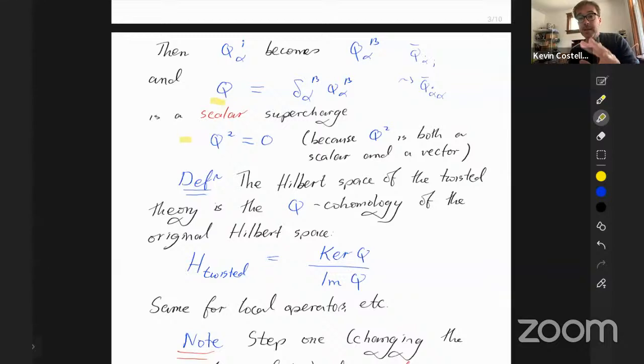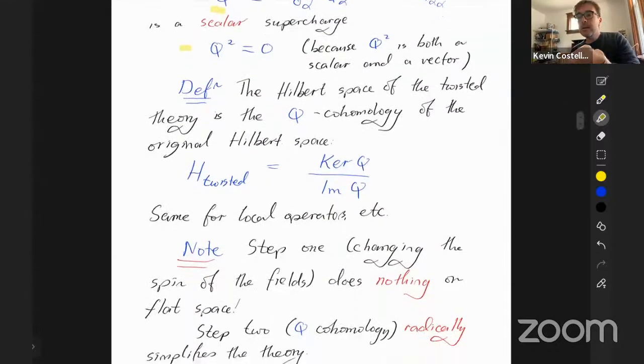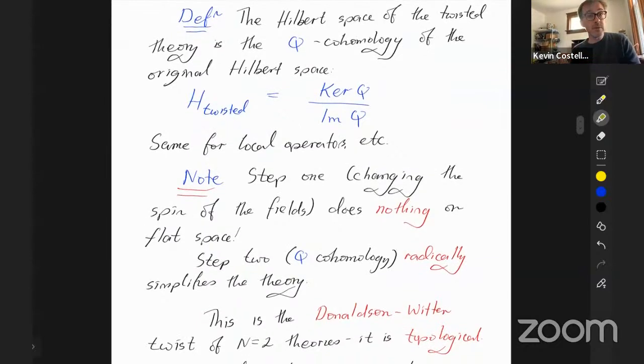So the key point of the twisting procedure is that, given the supercharge Q of square 0, we change the theory by replacing the original Hilbert space by the Q cohomology.